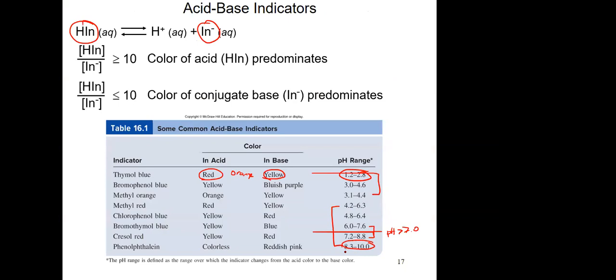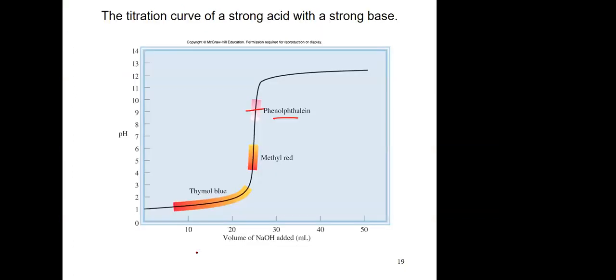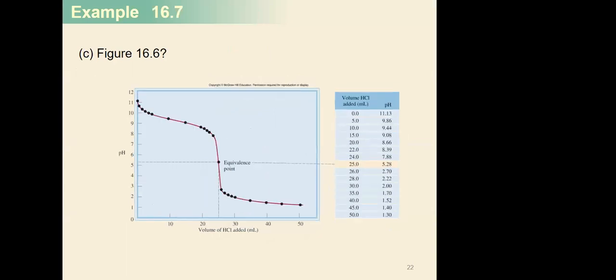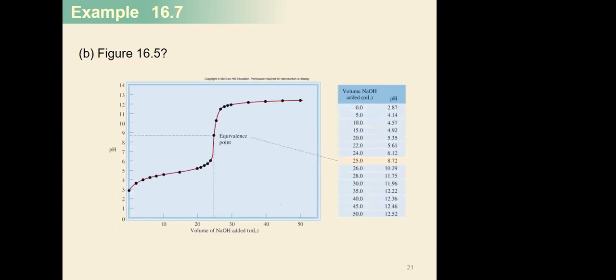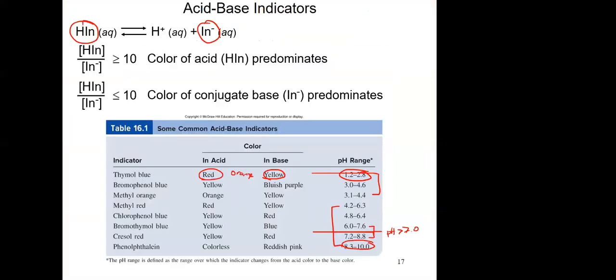It might be just phenolphthalein. All of them will be violet or light pink for the phenolphthalein. Now for the last one here, the weak base with a strong acid, I think the suitable one is this one here.